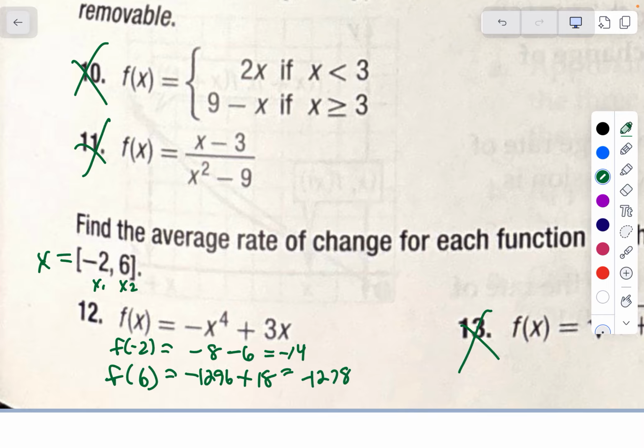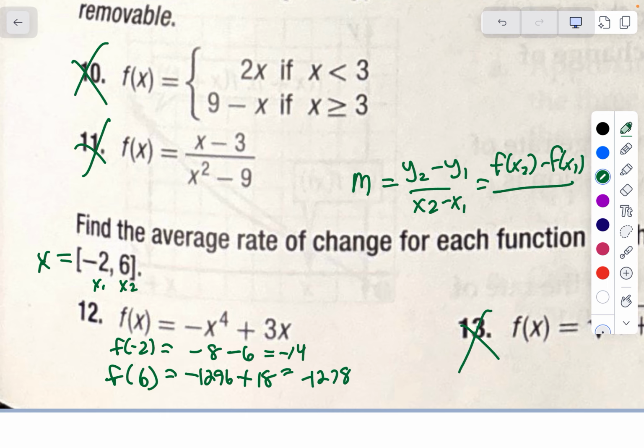Now, let me remind you the average rate of change formula. It's just the slope. You can write it as y2 minus y1 over x2 minus x1. But with function notation, it would be f of x2 minus f of x1 over x2 minus x1. But it is just the function value with x2, which is its y, minus the function value with x1, which is just its y, over x2 minus x1.